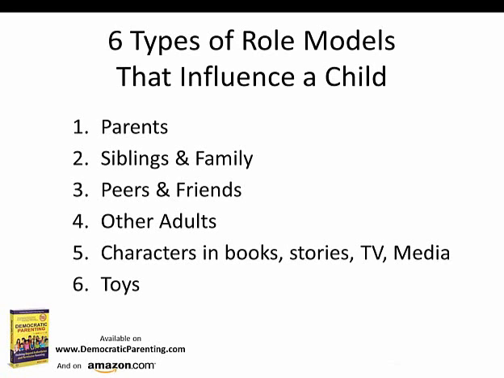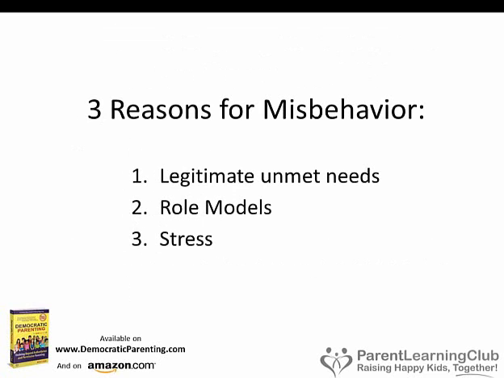And then also different toys as well are ways where children can pick up different ways of being and acting in the world. So we can see immediately that if our children are watching The Simpsons, for example, and they're having Bart Simpson as a role model, we can see how a child might start to act defiant or oppositional because of seeing that role model on TV.